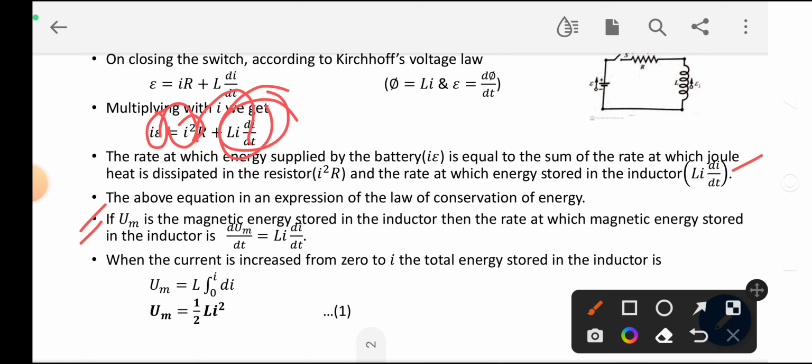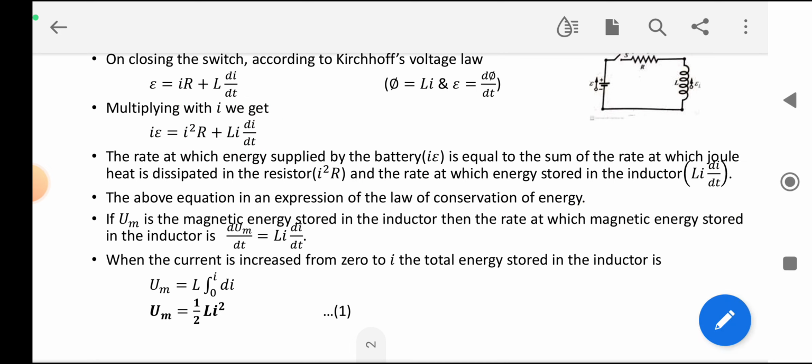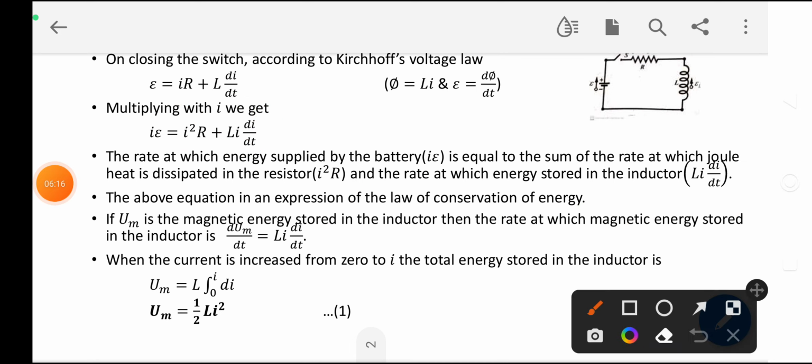If U_M is the magnetic energy, actually energy is denoted by U, so M indicates magnetic energy stored in the inductor, then the rate at which magnetic energy is stored in the inductor is, see, rate means with respect to time. U_M is the energy only.